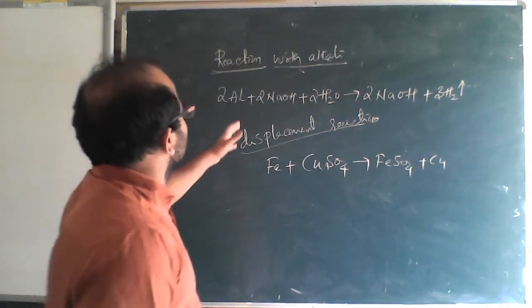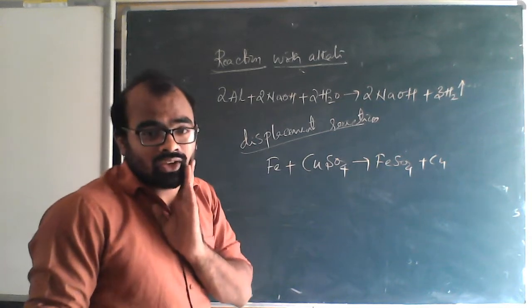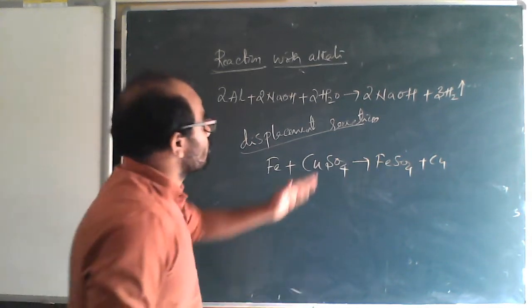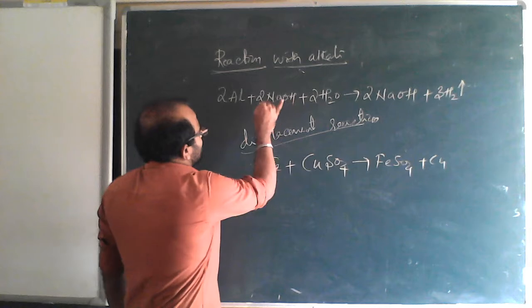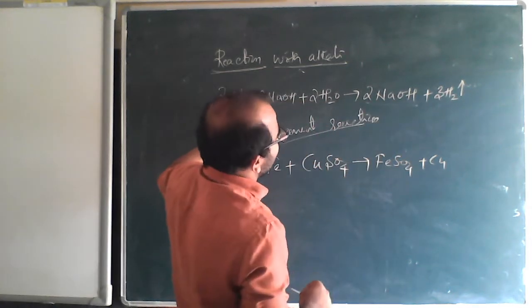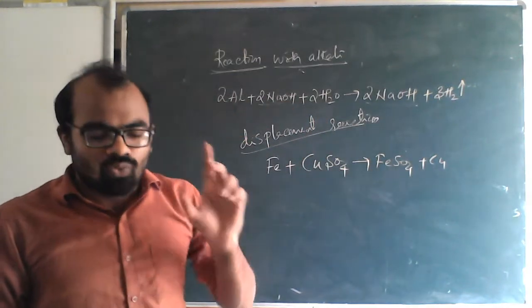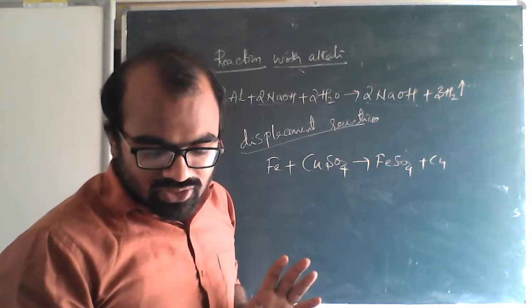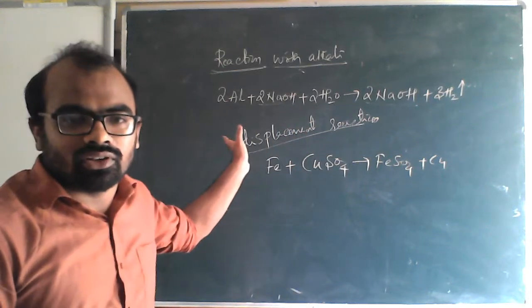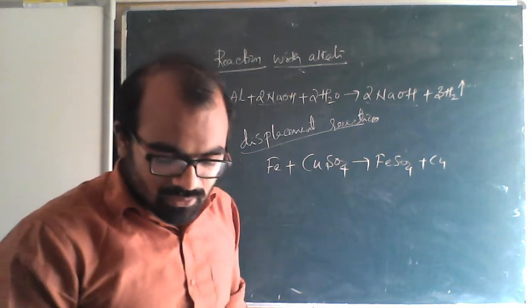See here, how you should remember this, how I am finding this is wrong. 2NaOH is there on the left, but it has not come on the right side, and Al is not present. As I told you last class, whatever is present on the left hand side, that is the reactant side, should be present on the right hand side, but it is not here.